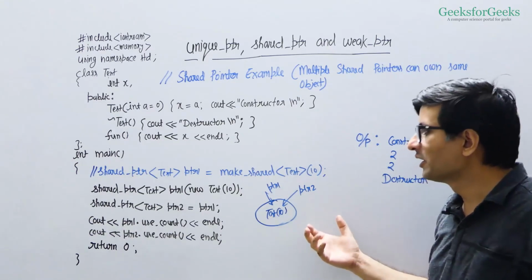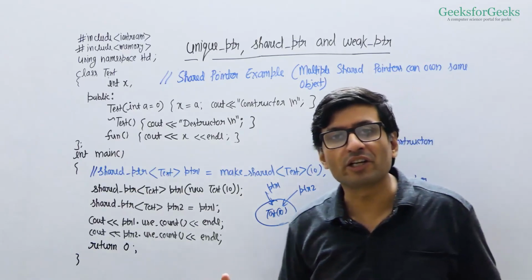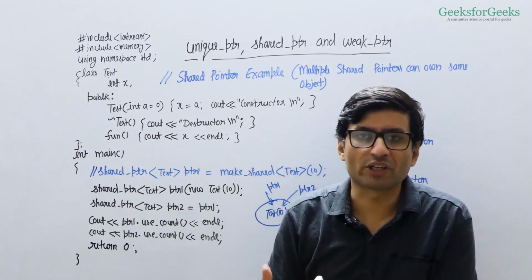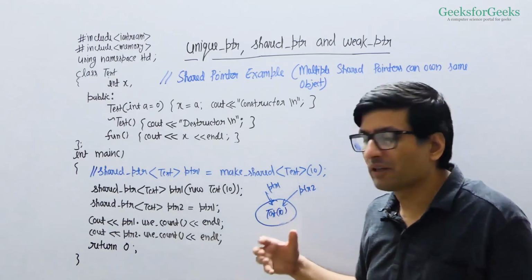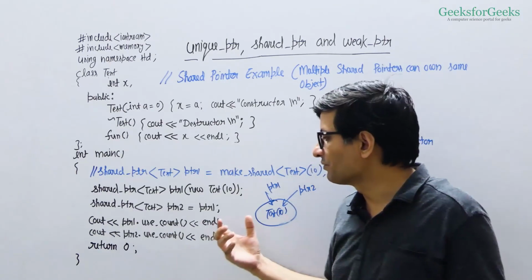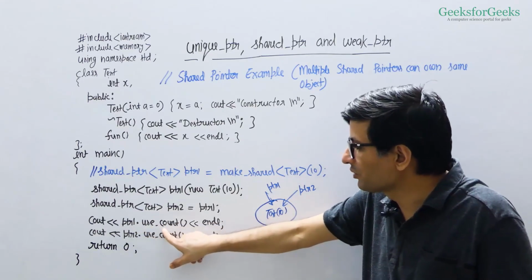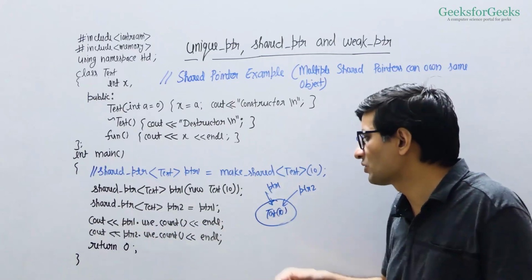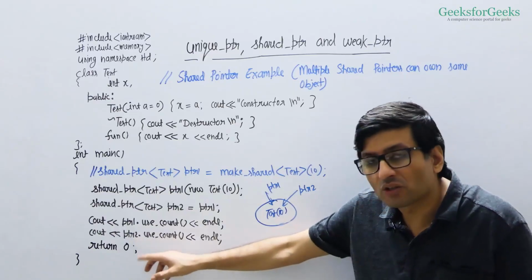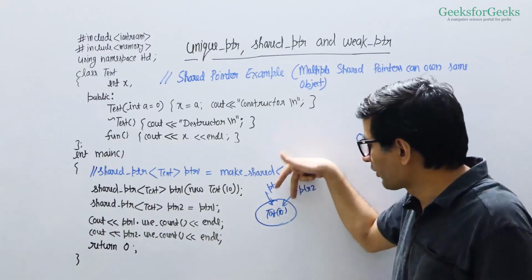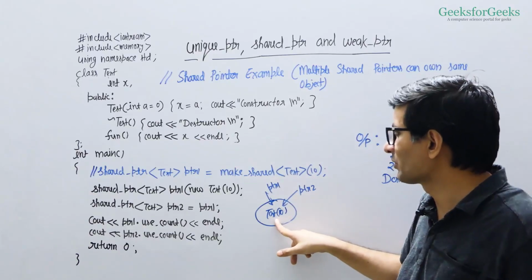And internally, shared pointers maintain how many shared pointers co-own this particular object. So they maintain a reference count, and there is a way to access this reference count. If you call ptr1.use_count, you will get the output as 2. Now if you call ptr2.use_count, you will again get the output as 2 because there are two shared pointers pointing to this object.